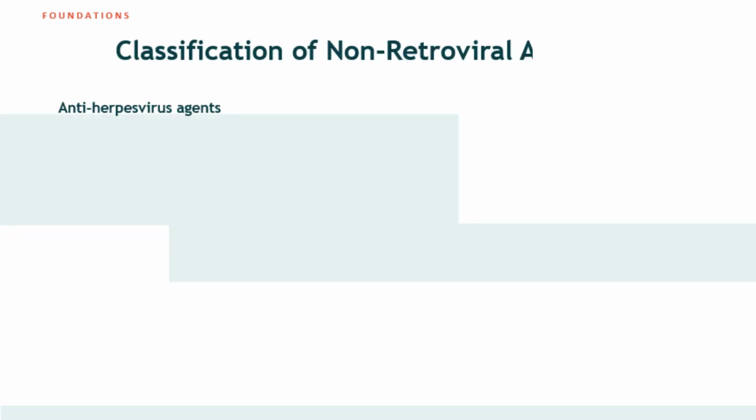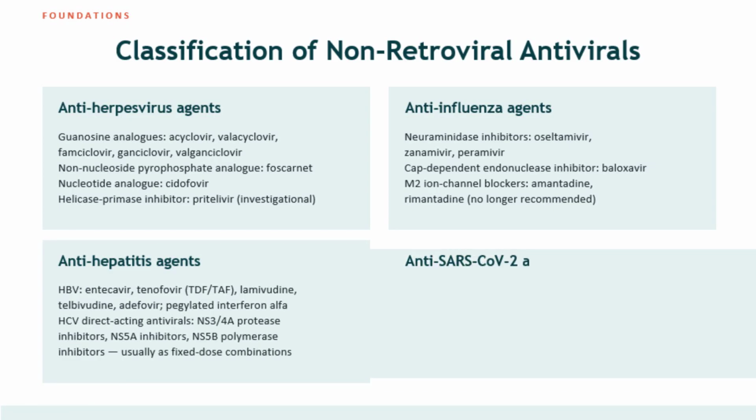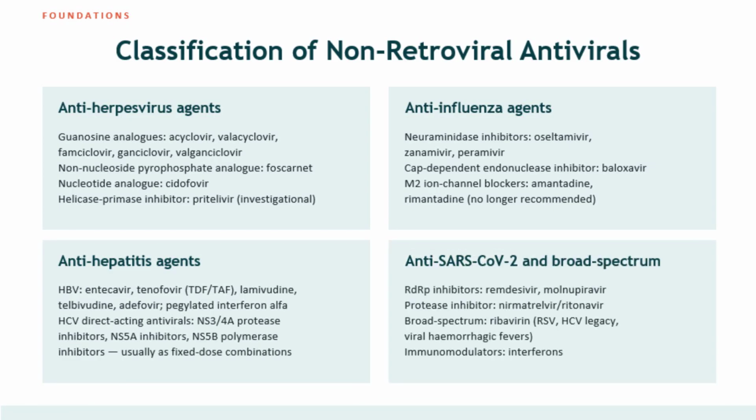Here's the whole cast of characters on one slide, and I'd suggest you screenshot this one. 4 groups. The anti-herpes agents dominated by the guanosine analogues, plus foscarnet and cidofovir when resistance shows up.